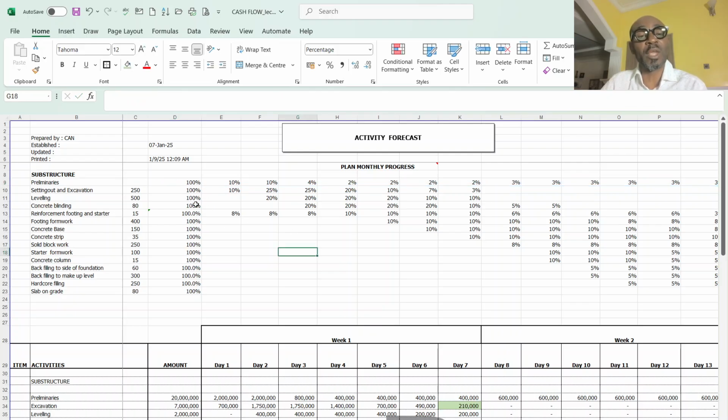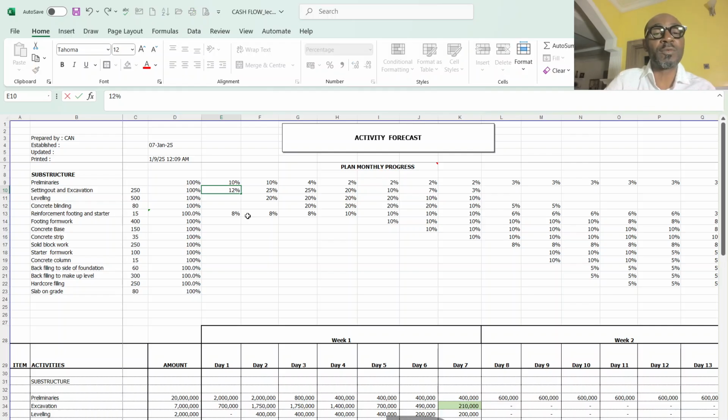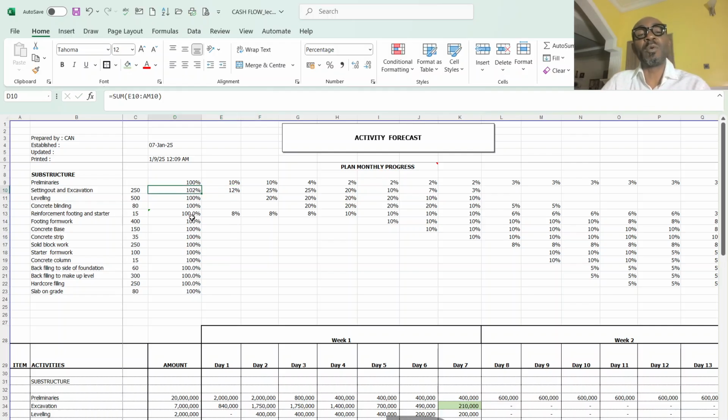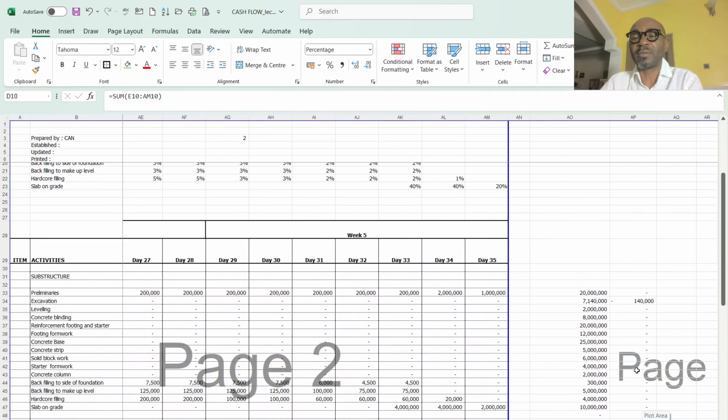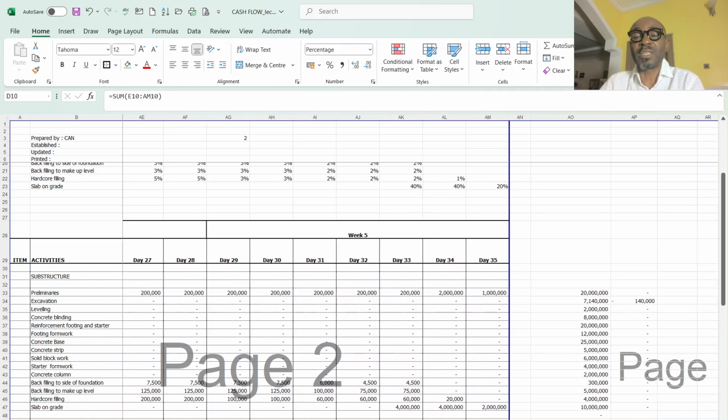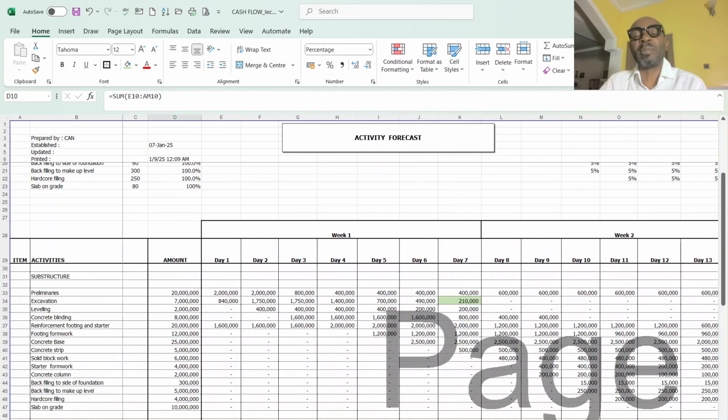So that is why I have this check, summing up all the allocation of my percentages to make sure I arrive at 100%. Say if now I have a 12% here, you can see that I have 102%. And if I have 102%, you see that I have 140,000 in excess of the 7 million that I'm expected to have as my income.